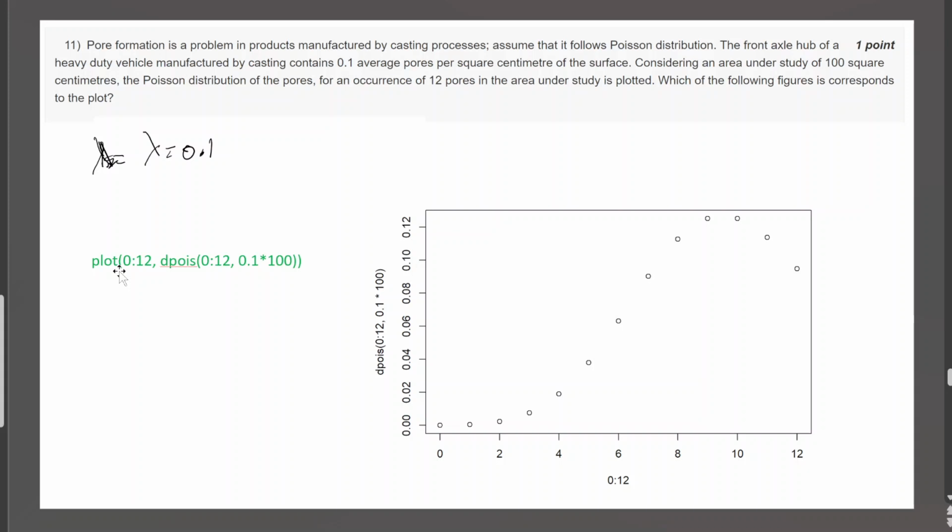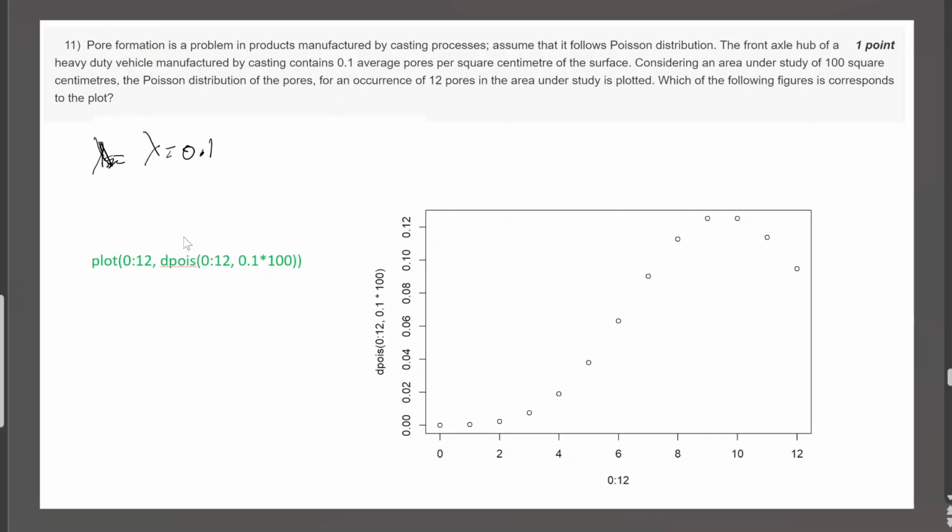Here the number of trials is like we have 100 squares, so it is lambda into n or lambda into t number of times. So here t or n, whatever you keep it as, it's 100.